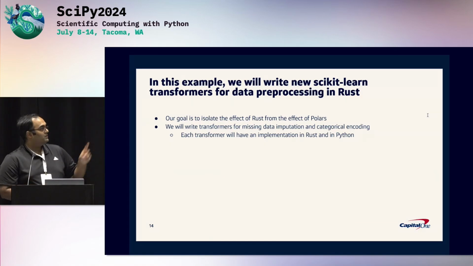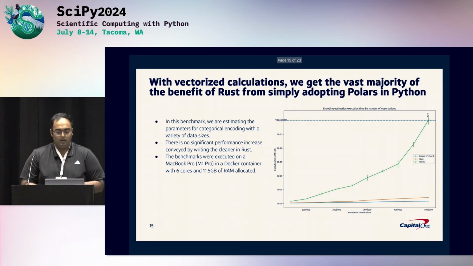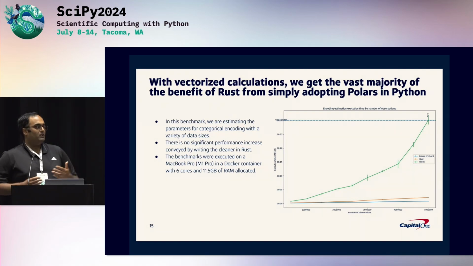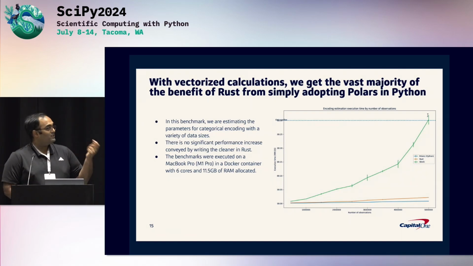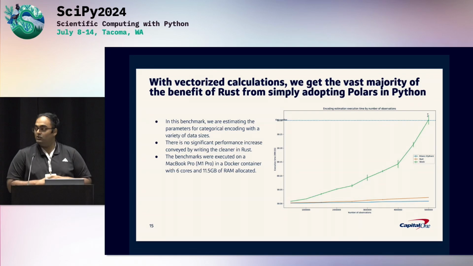We'll have two different cleaners. One is for data imputation, and one is for categorical encoding. So what we notice right away is that since we're not rewriting the main scikit-learn pipeline loop, our vectorized calculations don't seem to gain that much from going to Rust. Python polars gives us a huge amount of benefit.